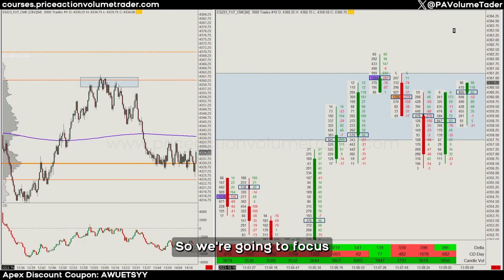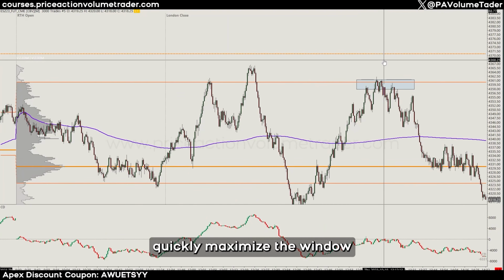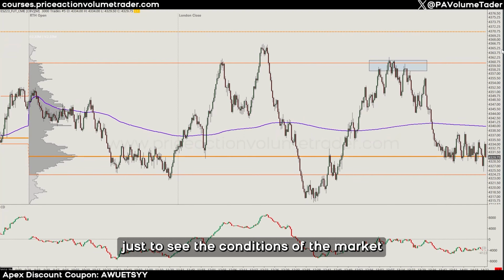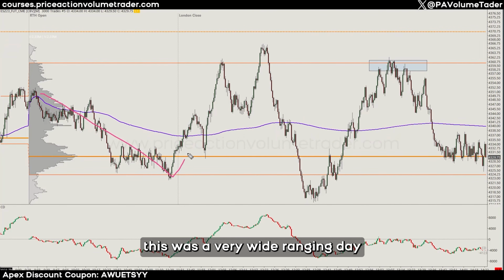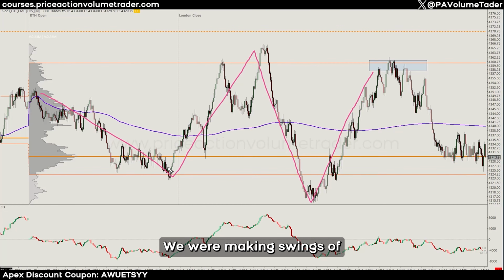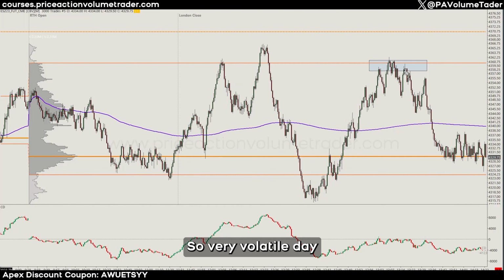Okay, so we're going to focus on this first example that we have right here. And if I quickly maximize the window just to see the conditions of the market that we were in, you can see this was a very wide-ranging day. We were making swings of over 40 points in the first few hours. So a very volatile day.